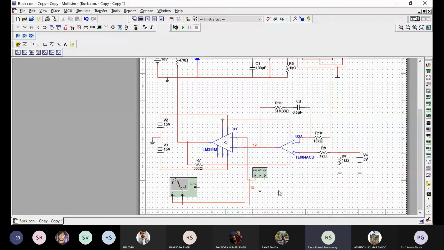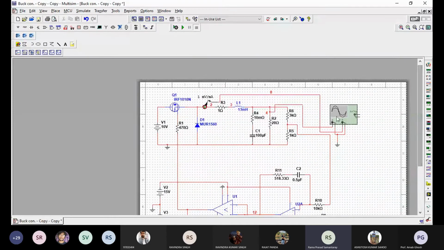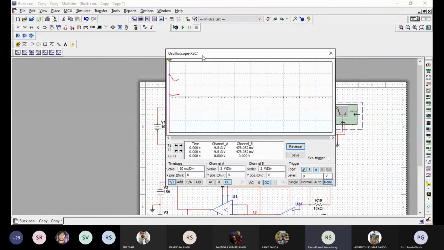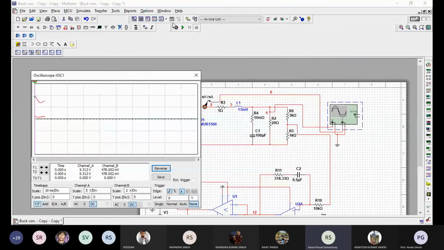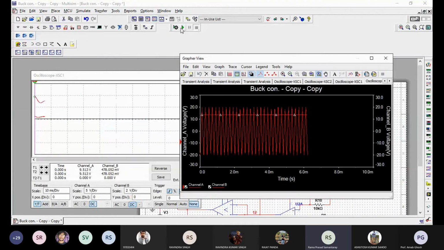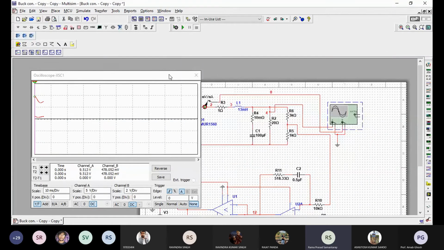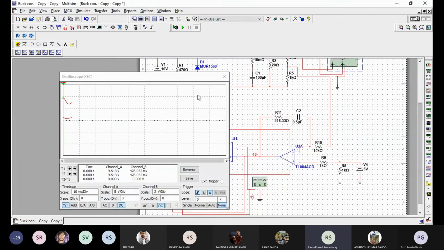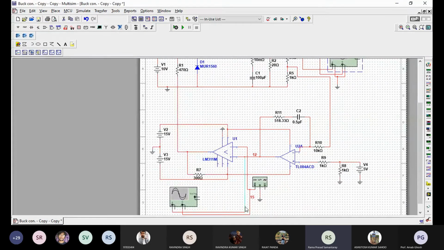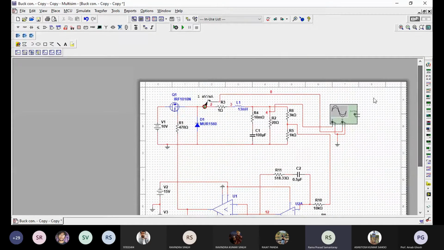When we are doing that one, you first disconnect this CRO. Already you got it previously, so no need of this CRO. Waveform not required here. Now the grapher will show this waveform.